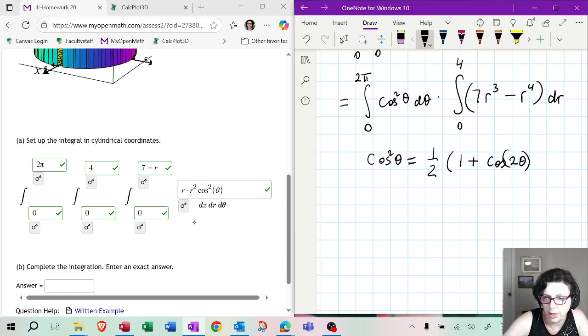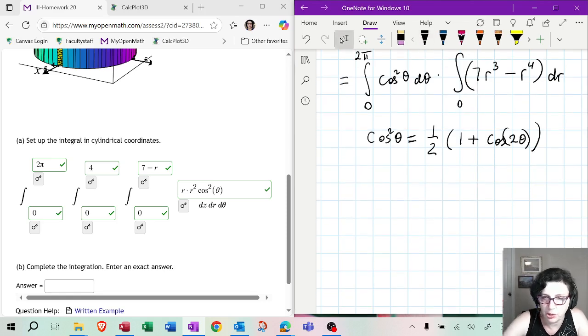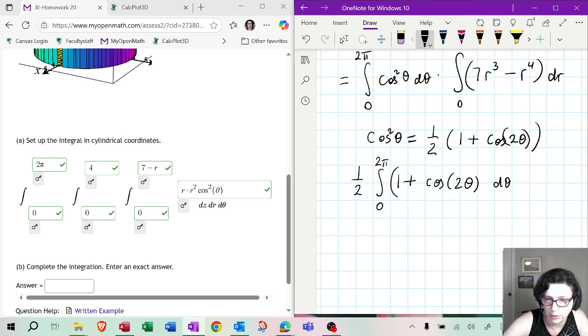This comes from when you were working on calculus 2 and they were talking about integrating trigonometric functions. It's only when it's an even power of sine or cosine that you would need something like that. So instead of integrating cosine squared, you use the half angle formula and turn it into 1 plus cosine 2 theta. And 1/2 I'm just taking out of the integral.